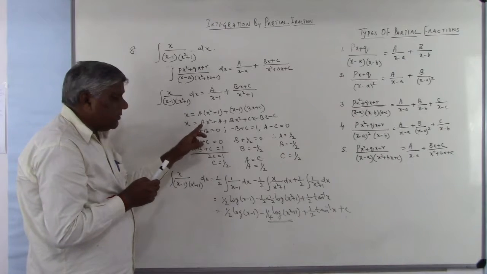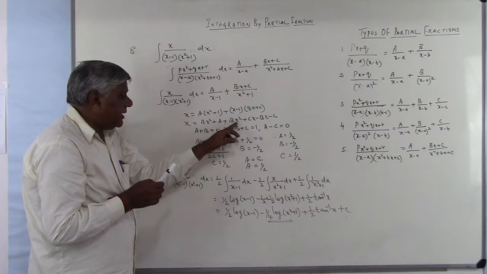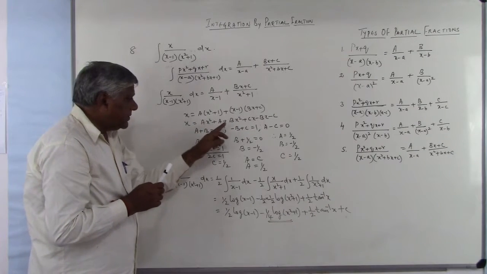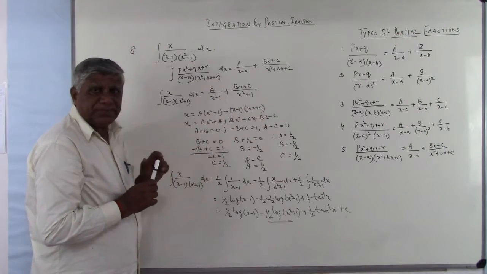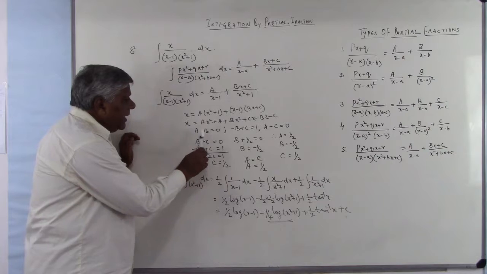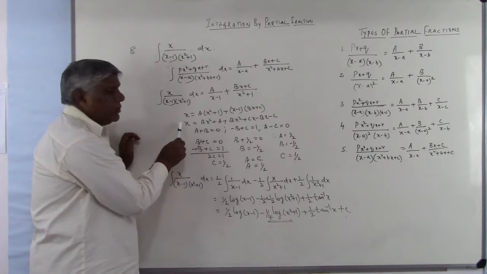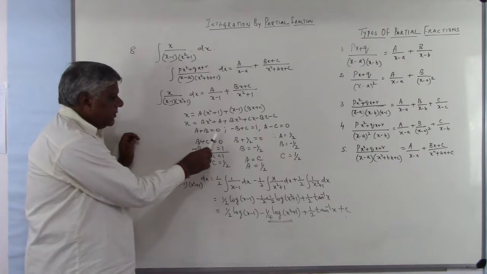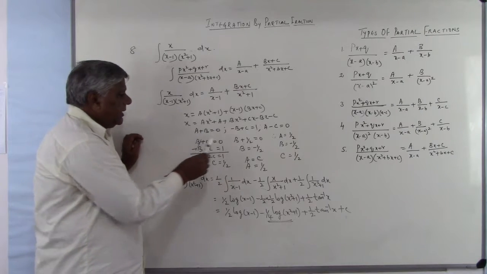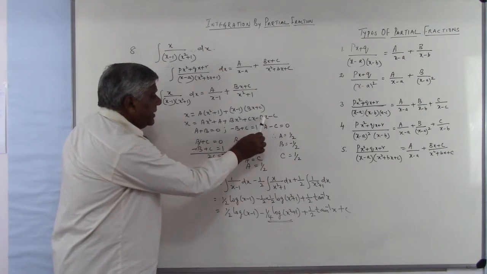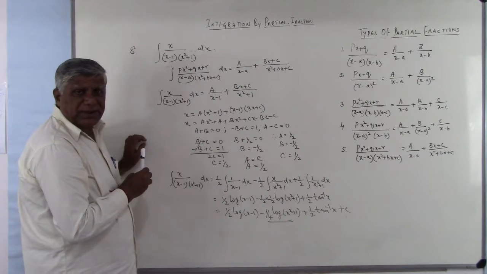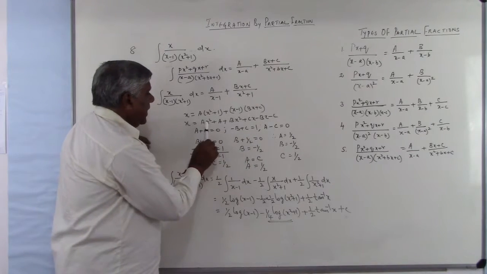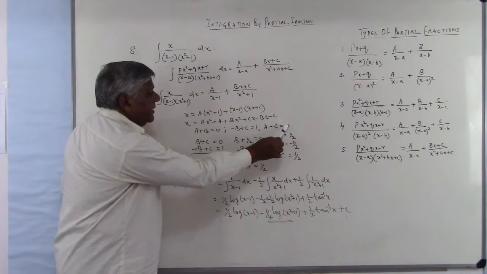Now we are going to equate the coefficients of x square, x and constants. See here, x square, A plus B, there is no x square coefficient here, therefore it is equal to 0. And here minus B plus C is equal to 1, the coefficient here. So next, A minus C is equal to 0.